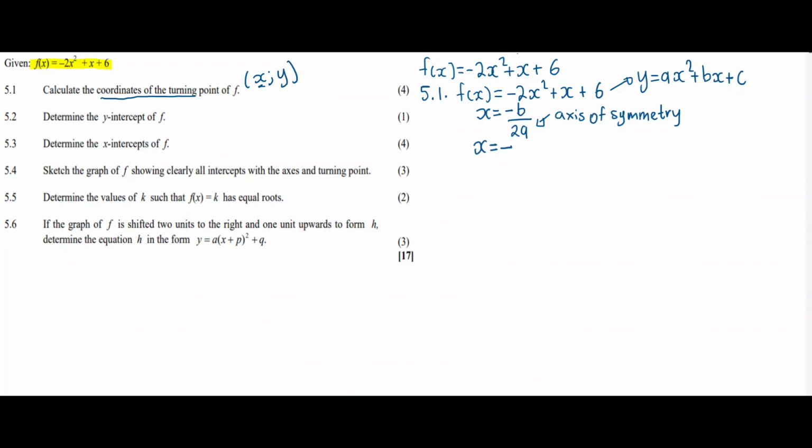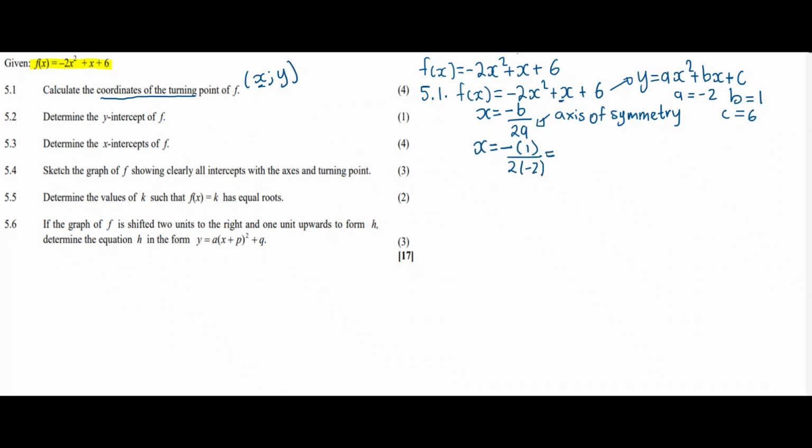So what is our b value here? On the equation given in standard form, our a value is minus 2 and our b value is positive 1, as you can see there. There's no coefficient there, so mathematically it's 1. So substitute 1 here, and 2 times negative 2.